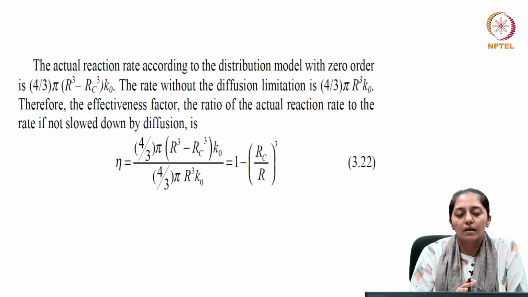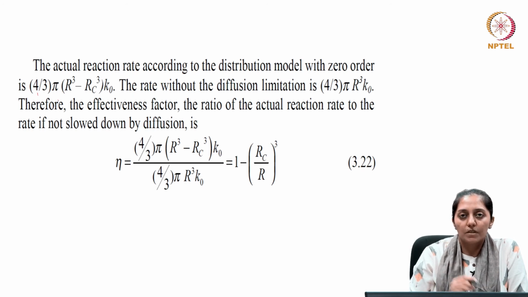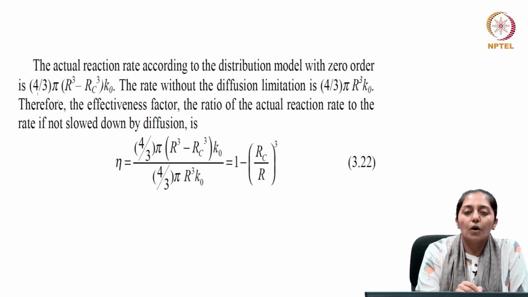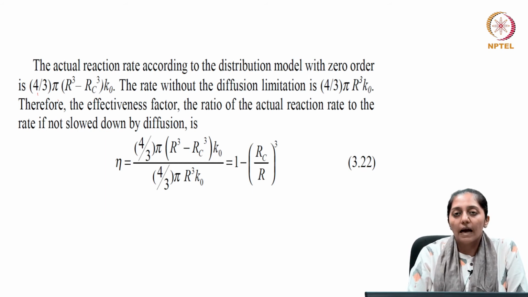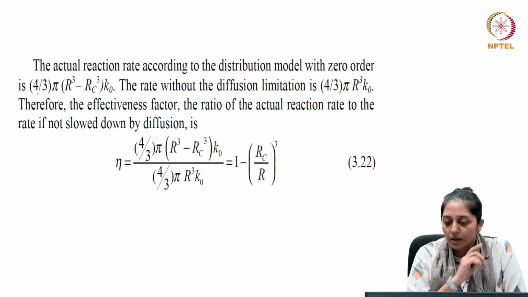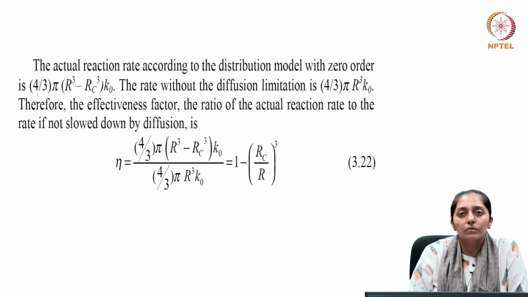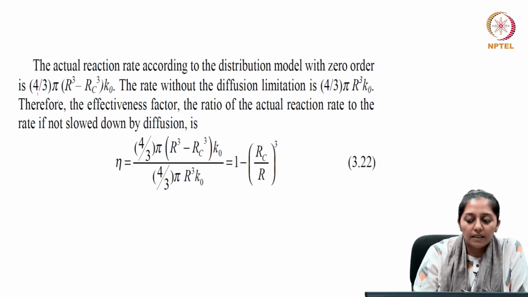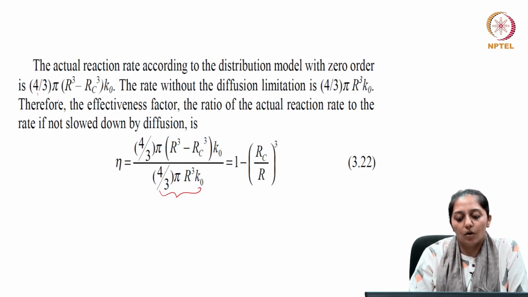So the effective volume is 4 by 3 pi R cube, the total volume, minus 4 by 3 pi Rc cube, which is the solid pellet in which there is no substrate getting in. This volume is multiplied by the reaction rate constant. This is your actual reaction rate. The maximum rate possible with no diffusional limitations: if there are no diffusional limitations, then your Rc will become equal to 0. In that case, your reaction rate becomes 4 by 3 pi R cube into K naught.